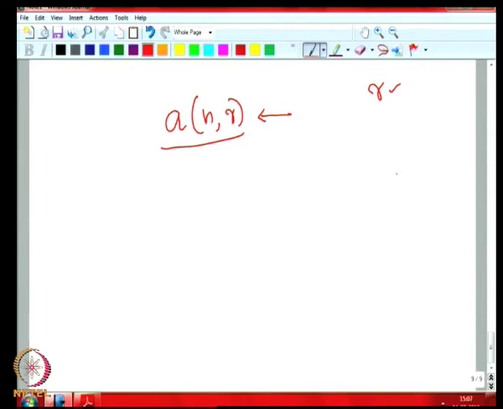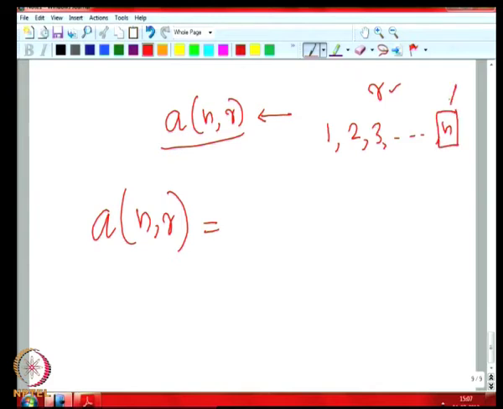Now we can write a recurrence relation like this. There are n objects, 1, 2, 3 up to n. Out of these n objects, let us consider the nth object. If we decide to pick this nth object at least once, then we have to select r minus 1 more objects from the n objects.